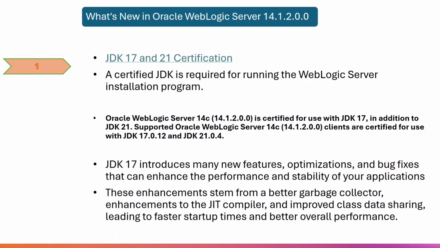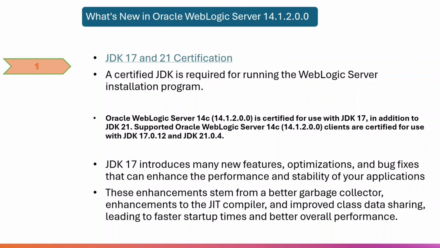In the new JDK versions, we will also see improvements in garbage collection, enhancements to the JIT compiler, and improved class data sharing that lead to faster startup times and better overall performance.